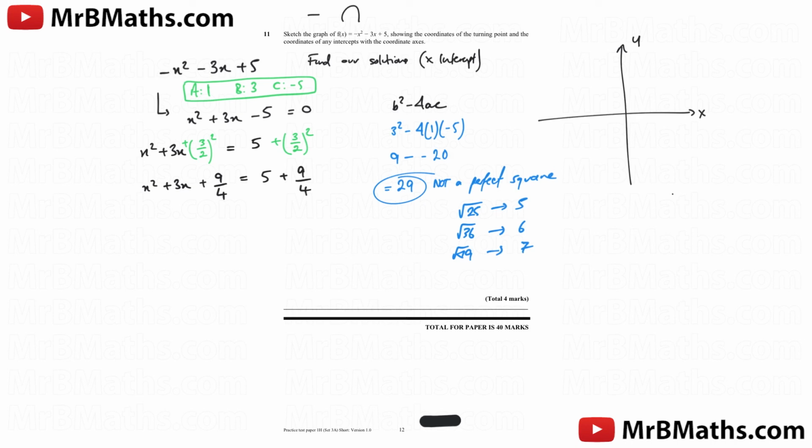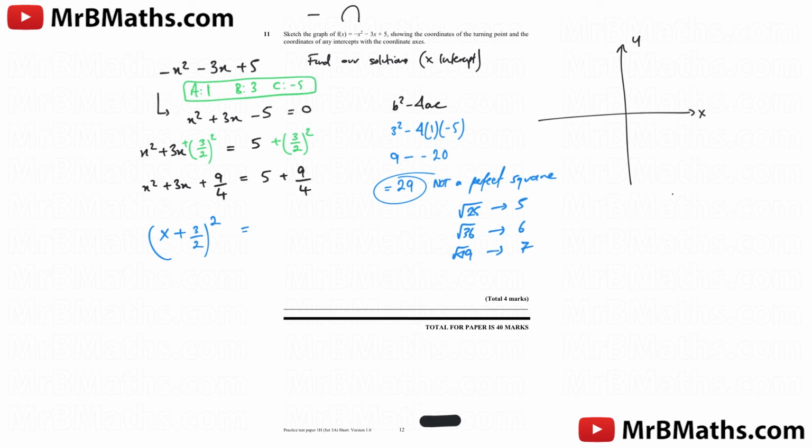Now this is the part that we need to factor. So to do this, we put this as x plus and then b over 2. So this is going to be 3 over 2 all squared, and now this left side has been factored, and now we've got the new right hand side.